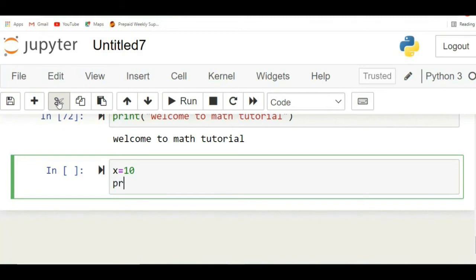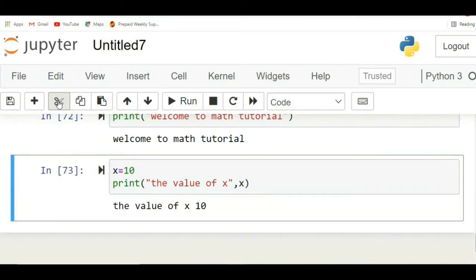Yes, print inside the parenthesis and double quotes, and you shall write over here the value of x, control and enter. So the value of x is of course 10.